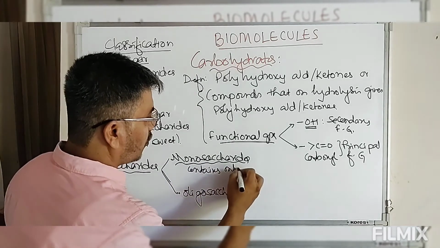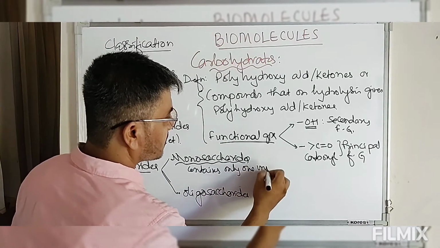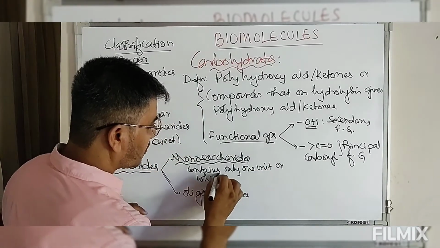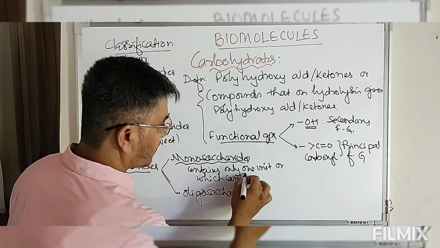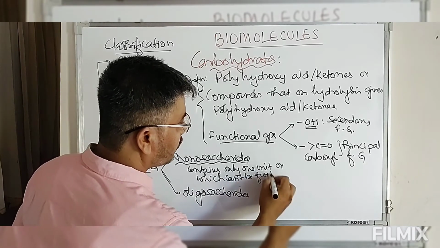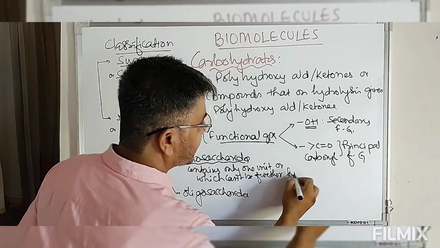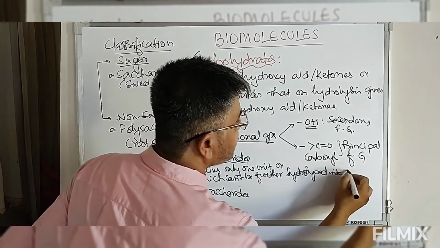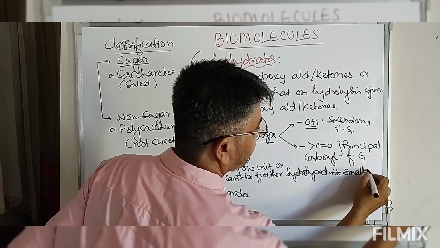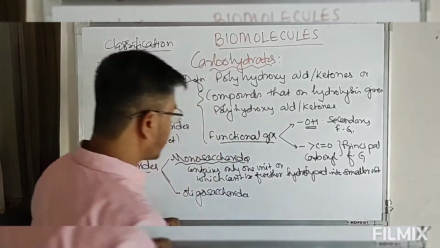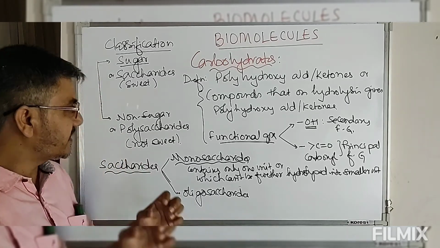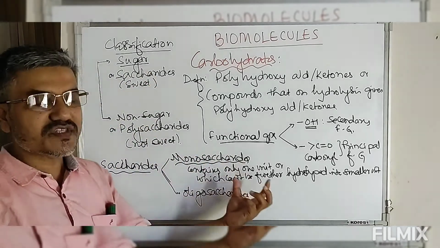Contains only one unit, or which cannot be further hydrolyzed into smaller unit. That means this is the smallest unit. The smallest unit of carbohydrate or the sugar is known as monosaccharide.